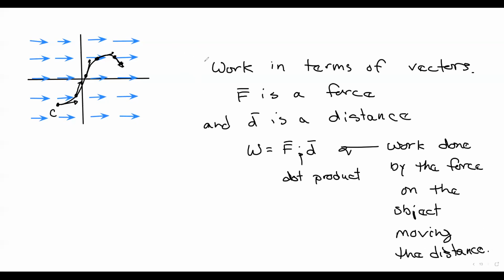That's a little refresher that we're going to need here. We've got force vectors, we've got movement vectors, and we need to take force vectors and movement vectors and combine them into work. The way that we do that is by using that earlier definition, which comes from the dot product section.